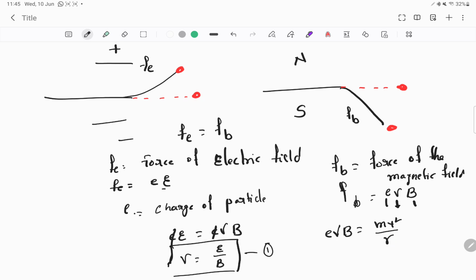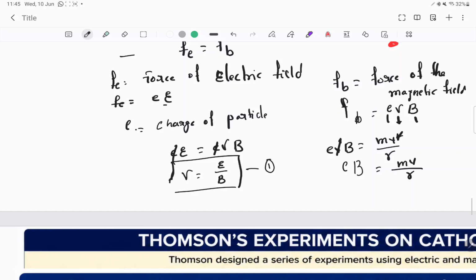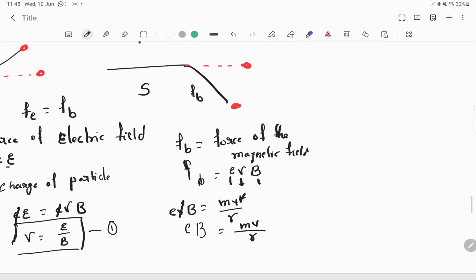So now let's simplify it. Here we have V square, so V gets cancelled. Now e B equal to m V by R. So let's substitute the V value in this equation. This is equation 2.